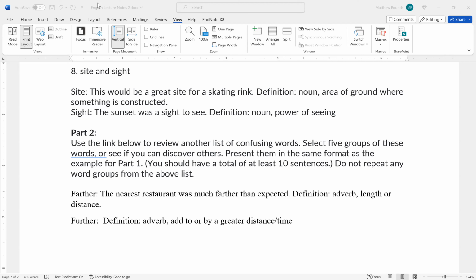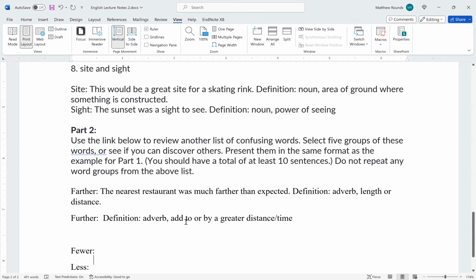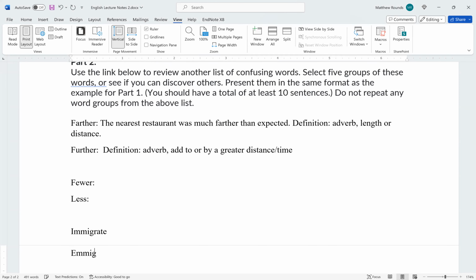Okay. There we go. House is at the further end of the street.